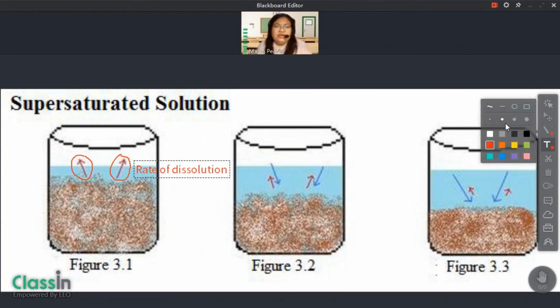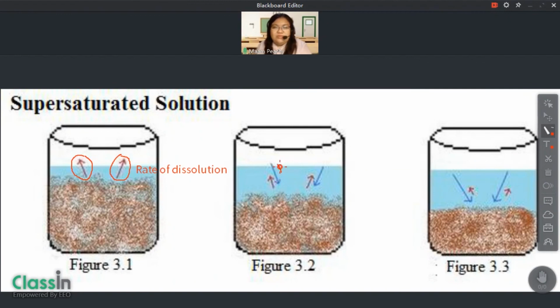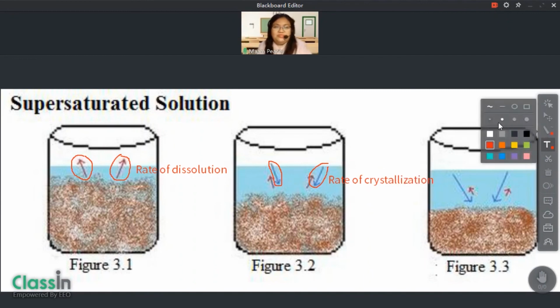In figure 3.2, we can see that the blue arrow, which represents the rate of crystallization, is greater in magnitude compared to the red arrows. This means that the solutes begin to crystallize as the rate of dissolution slowly decreases.